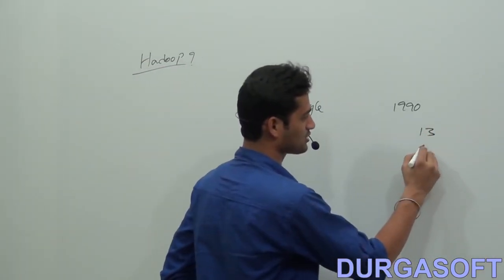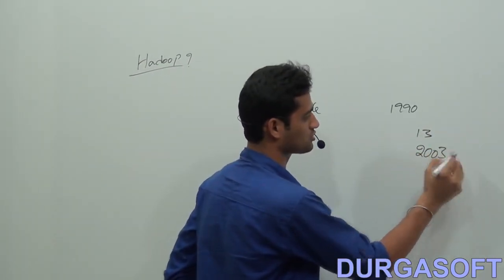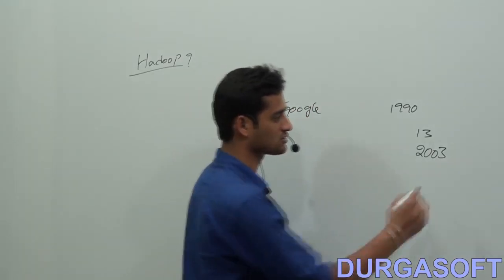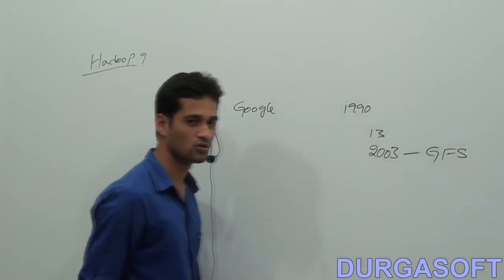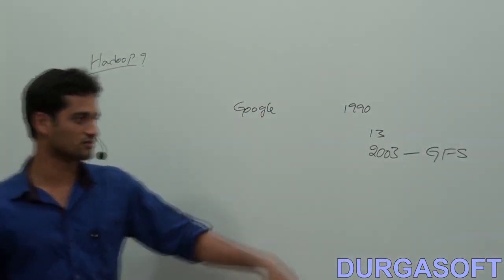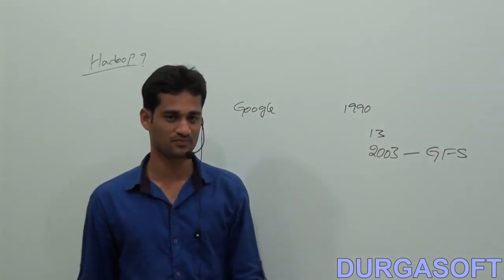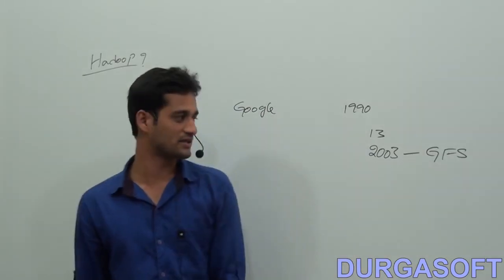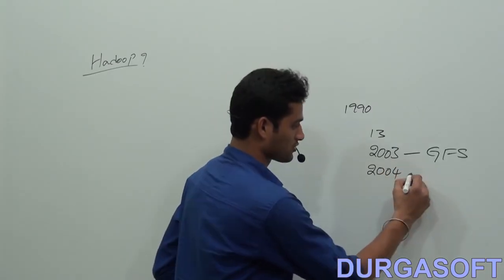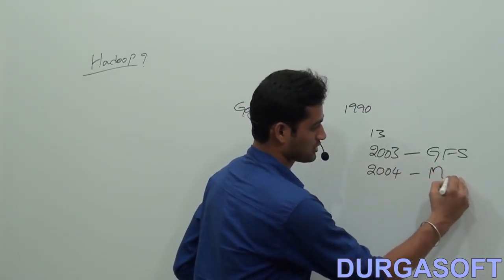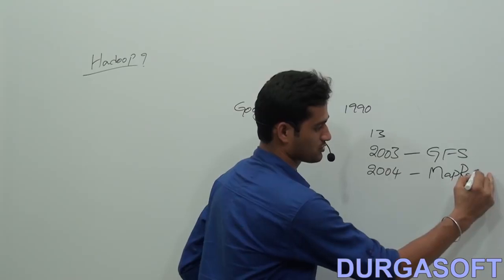And in the year 2003, they gave one conclusion to store their data as GFS, Google File System. It's a technique to store your data. Next, in the year 2004, they gave one more technique as MapReduce.